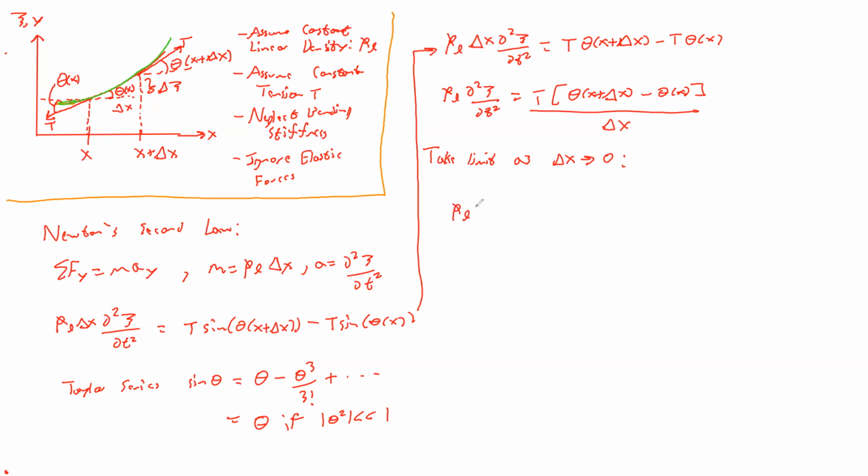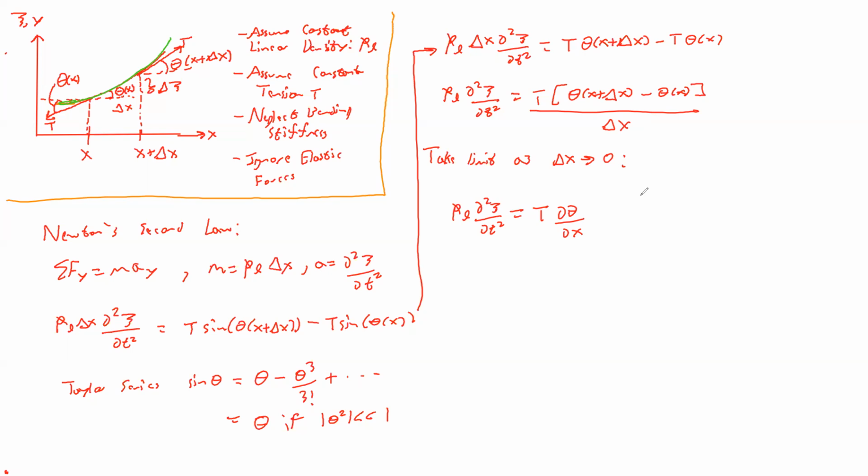We have the linear density times the second derivative of position with respect to time is equal to tension times the derivative of theta with respect to x. And I've dropped the explicit x dependence now.